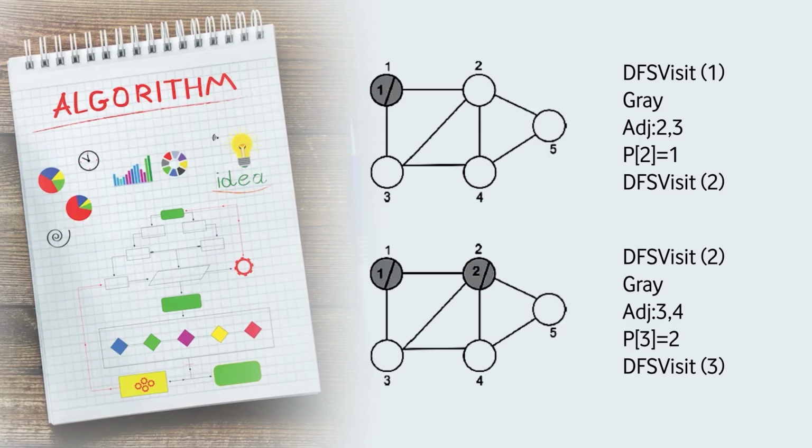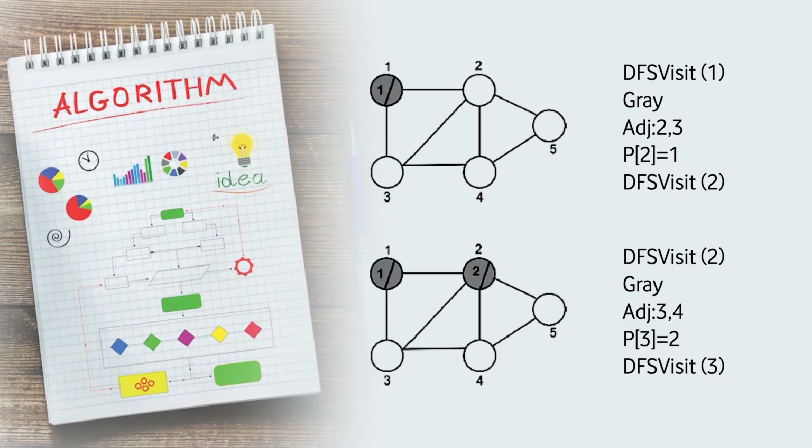The adjacent nodes that are directly connected to 1 are 2 and 3. 4 is not directly connected because there is no line between 1 and 4, so you cannot call it adjacent. Now you will explore each and every adjacent node one by one. What will be the parent of 2?